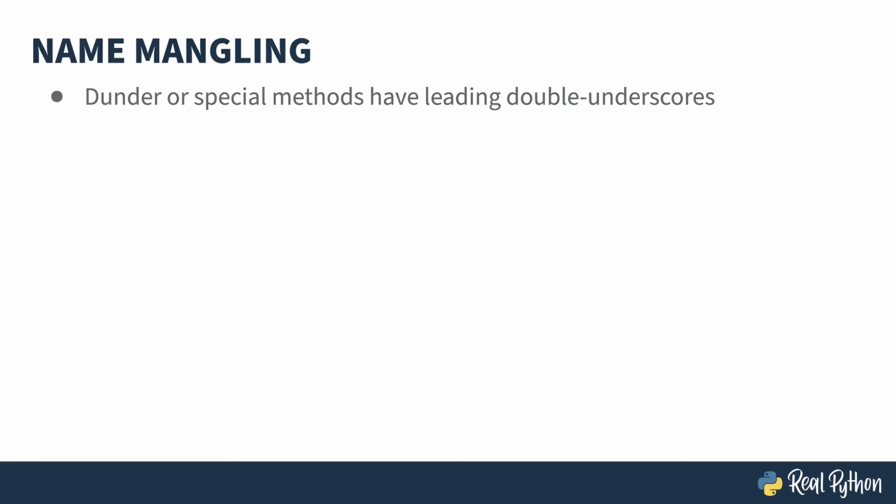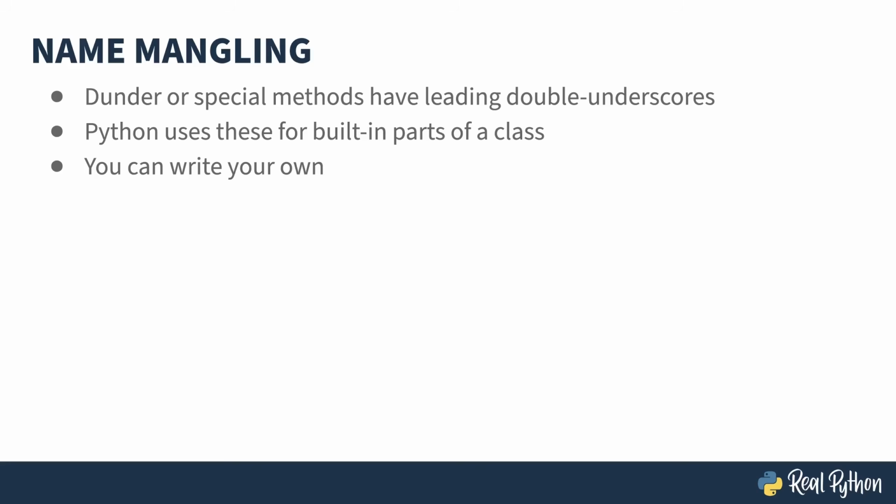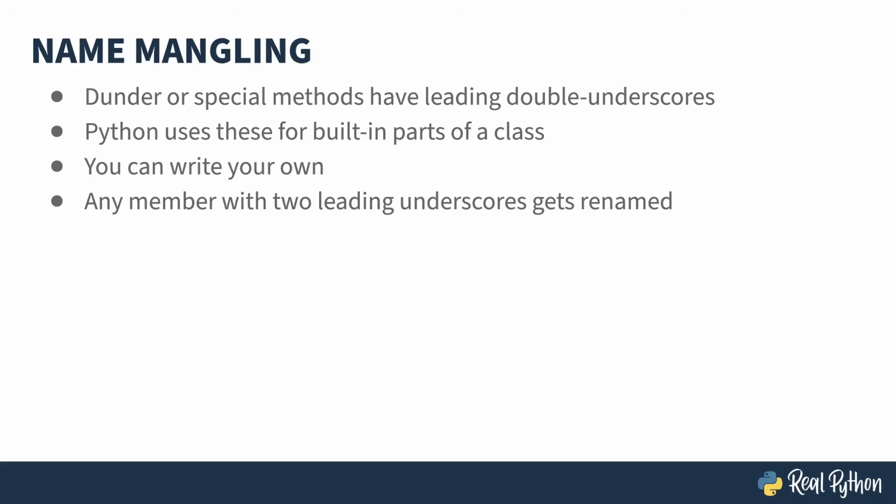You've already seen dunder init, and I've spoken about other special methods denoted by their double underscores. Key functionality provided by Python in classes is mostly built using these kinds of methods. Although they are a system thing, there's nothing stopping you from using the same mechanism. Do note that how they show up is a bit different, though. Any member with two leading underscores gets renamed.